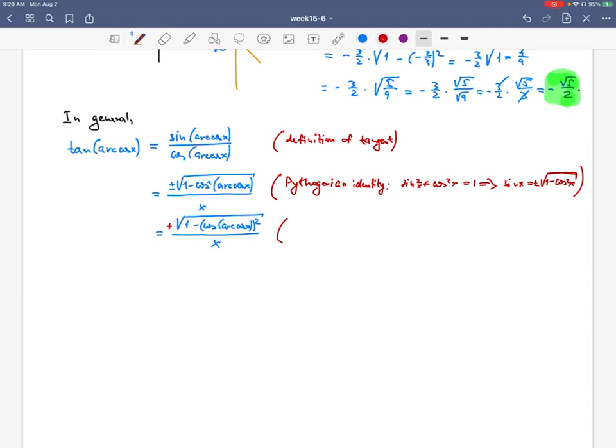Again, the explanation is that arc cosine x belongs to 0 pi for any x between negative 1 and 1.